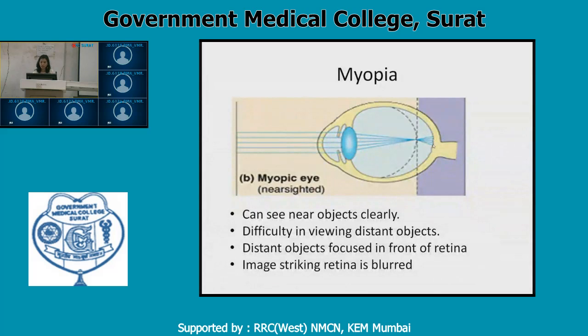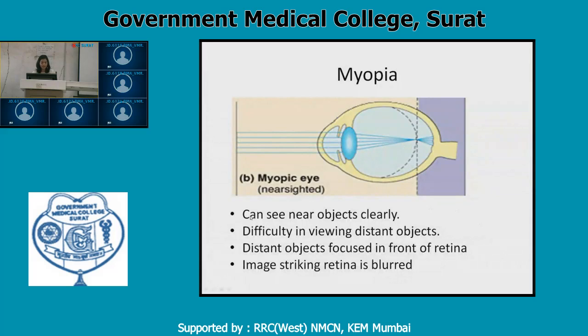That is why the image perceived is hazy or blurred, and the image is formed in front of the retina with ciliary muscles completely relaxed. So even with the ciliary muscles not functioning, the image of a distant object is in front of the retina. Myopia is defined as a condition in which parallel rays coming from a distant object are focused in front of the retina with ciliary muscles completely relaxed.